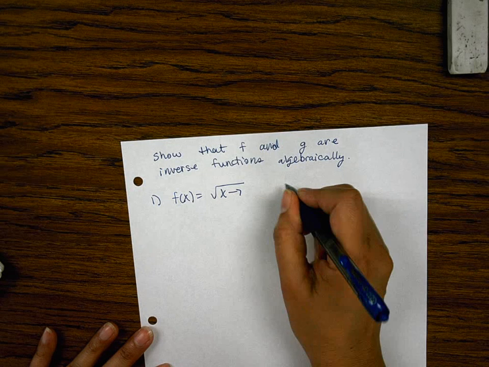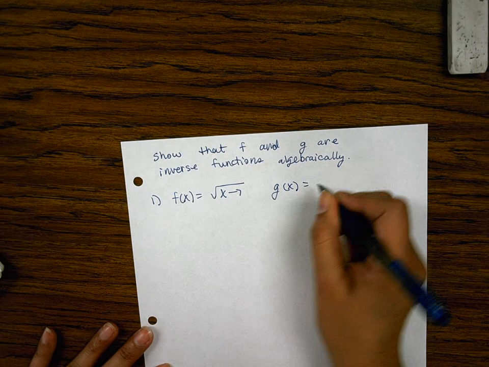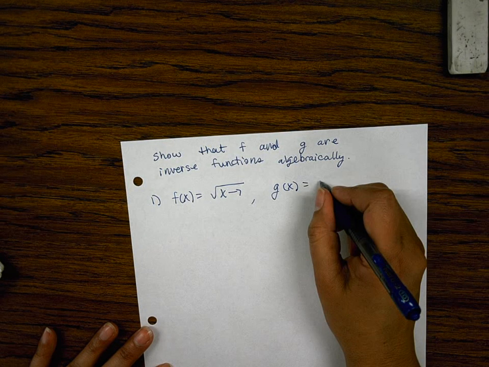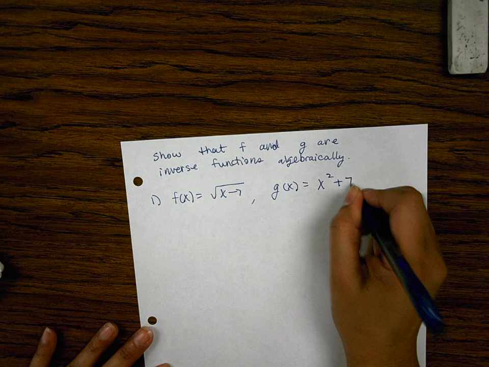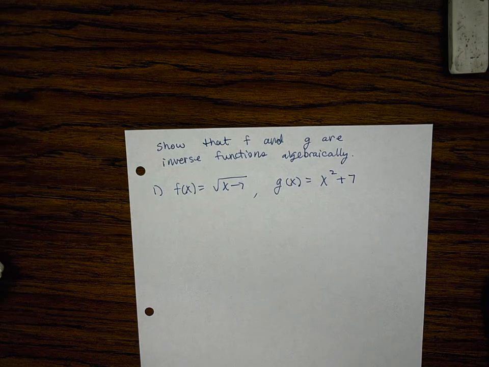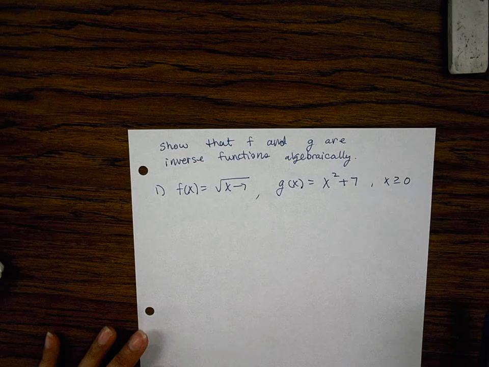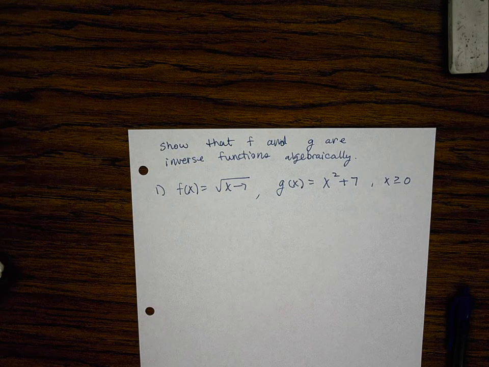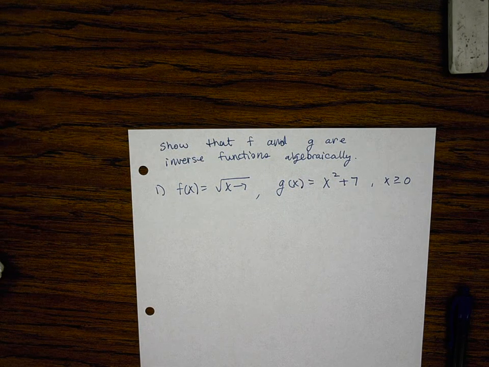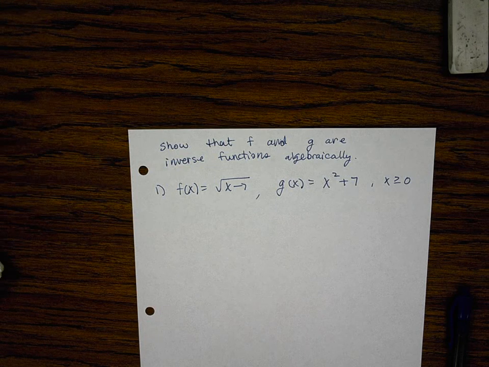All right. F of x equals the square root of x minus 7, and g of x equals x squared plus 7, such that x is greater than or equal to 0.